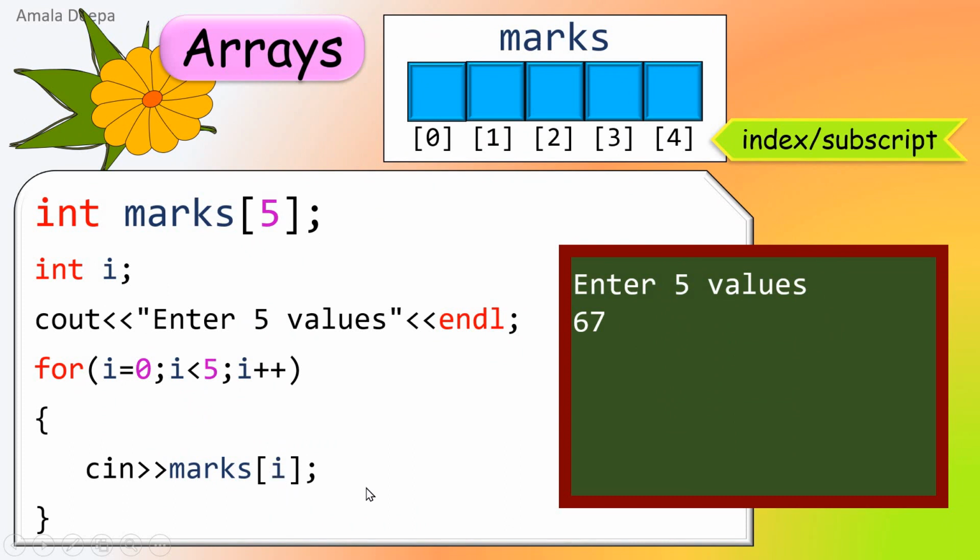So 67 is stored in the first location of index 0, and for each iteration as I give the input, the values are stored in the corresponding index positions. So using a loop, you can access elements of an array and also you can initialize the array.